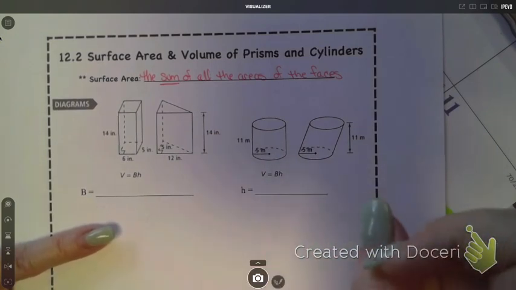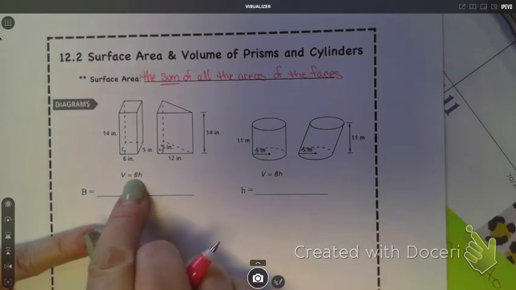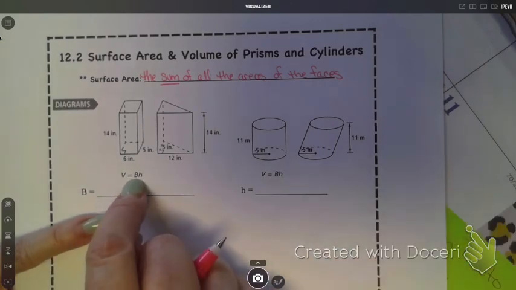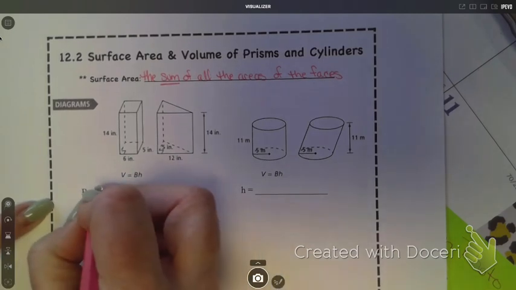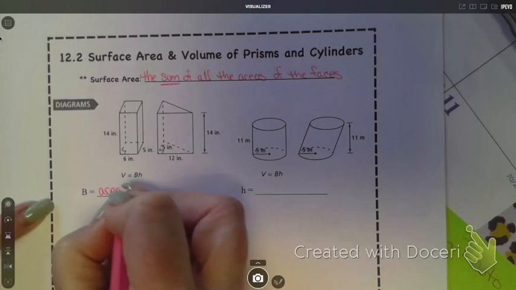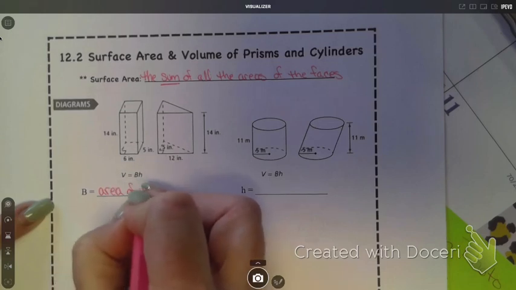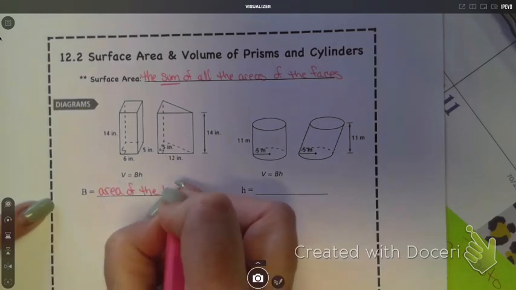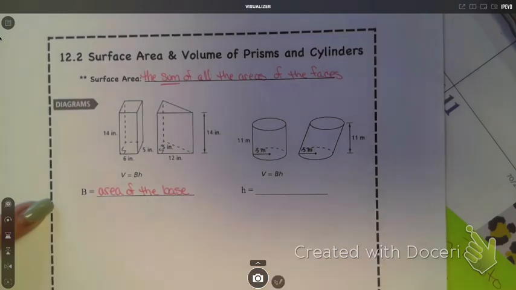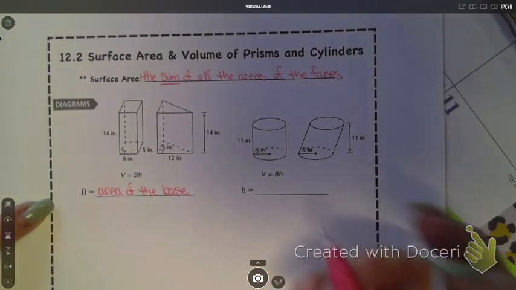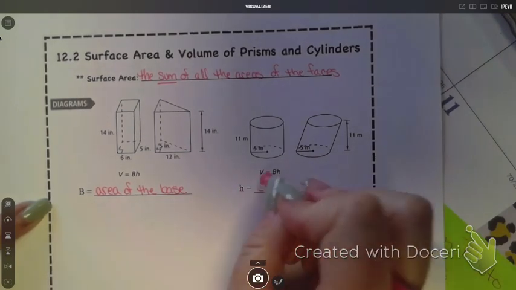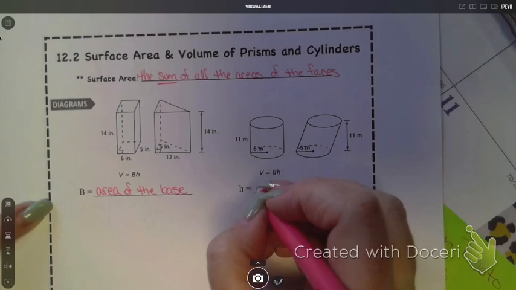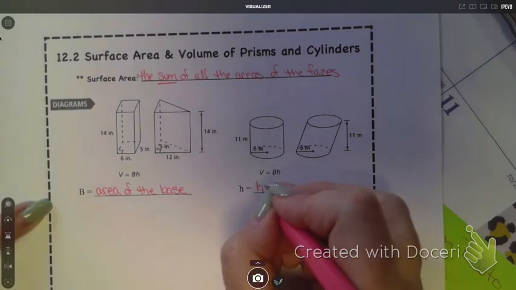But you notice I have volume equals, well, what's a capital B? Anybody know? It's the area of the base. Because if it was just base, it'd be a little b, wouldn't it? And what is h then? It's just the height. H stands for height.